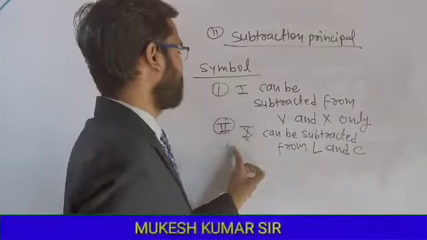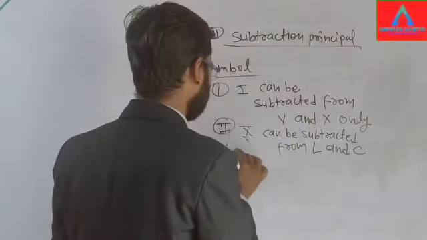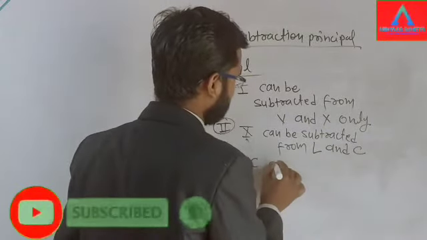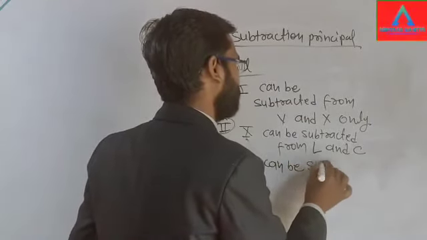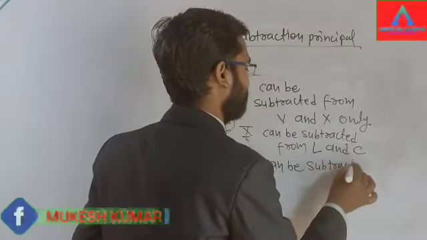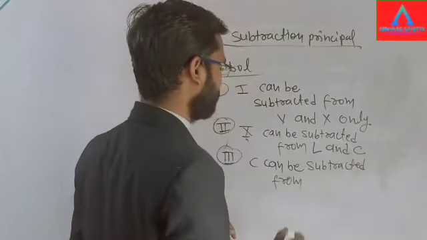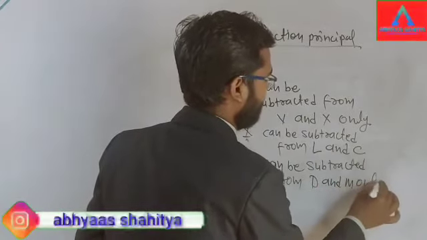X can be subtracted from L and C only. And third is C, that means 100. C can be subtracted from D and M only.